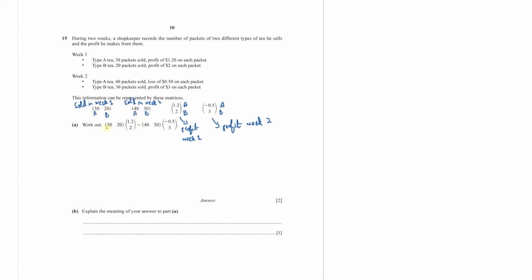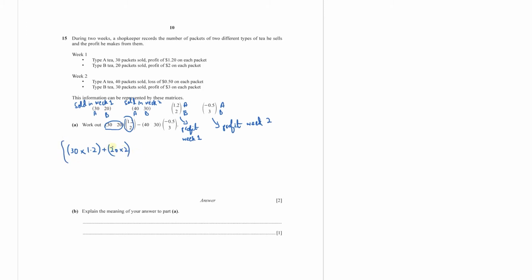Similar to how you have learned matrix multiplication, you will multiply this row with this column: the first value in the row multiplied by the first value of the column, the second value in the row multiplied by the second value in the column, and then add the two. So 30 multiplied by 1.2, plus 20 multiplied by 2.